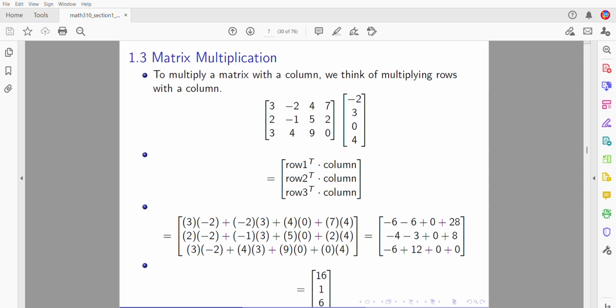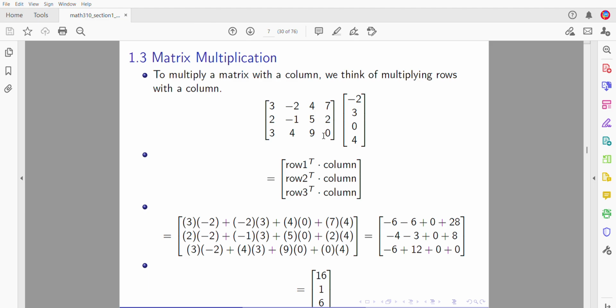Welcome back. We just saw how to multiply a matrix to a column. Remember, matrix is on the left, column on the right. You replace every row by its transpose and multiply to the column.